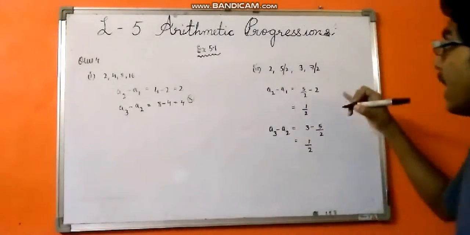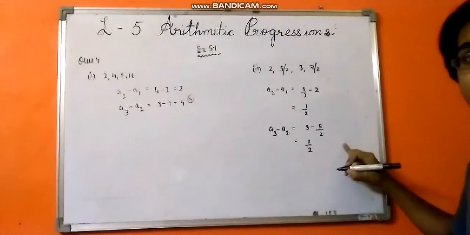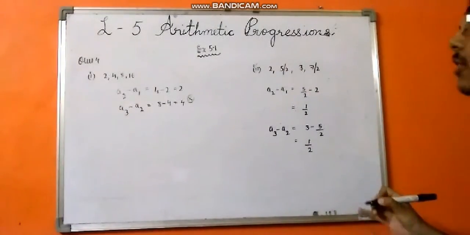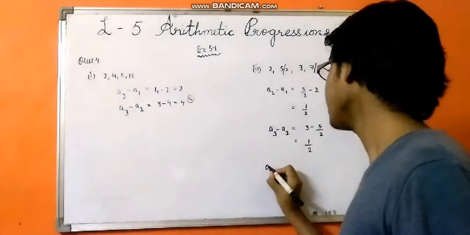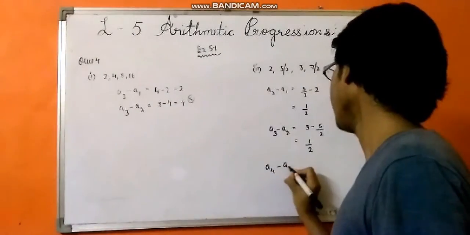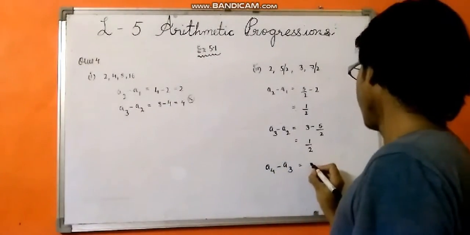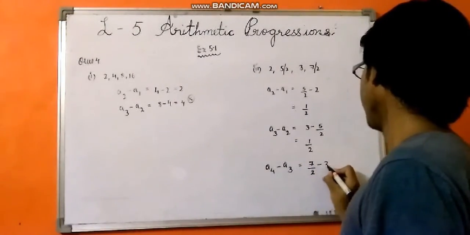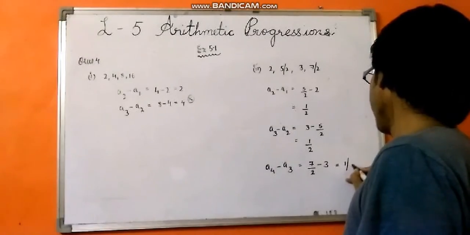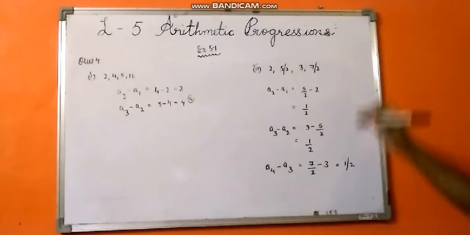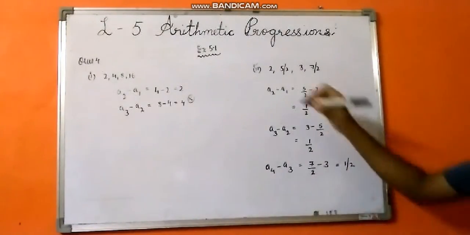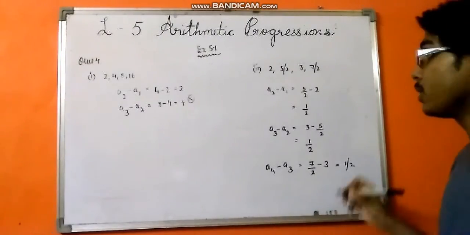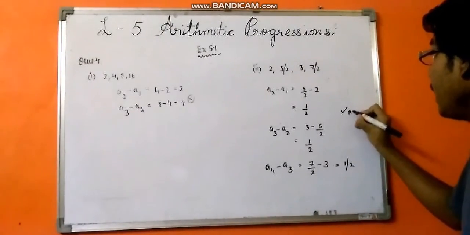So here we see that the difference between the terms is the same. Let us find the next difference as well, which is A4 minus A3, which is equal to 7 by 2 minus 3. Here also the common difference is 1 by 2. So we find that the common difference between all the corresponding terms is the same. So this is an AP.